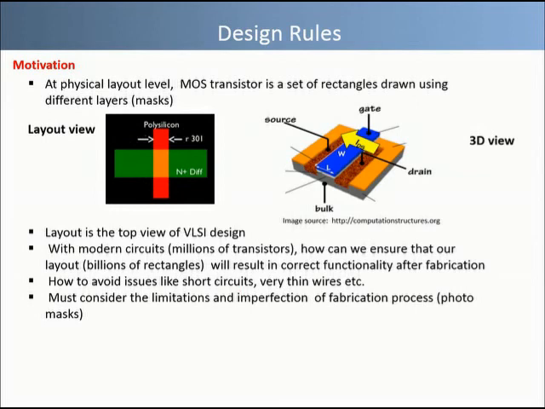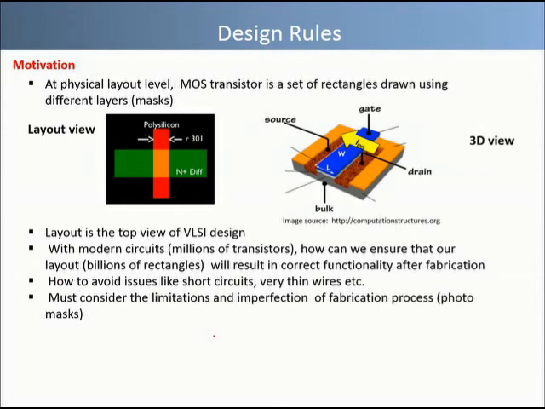And also we must consider the fact that the manufacturing process itself and the masks are not ideal. They also have certain variations in their parameters. So we must incorporate the tolerances of process while designing the layout. So these are the main motivation behind design rules.